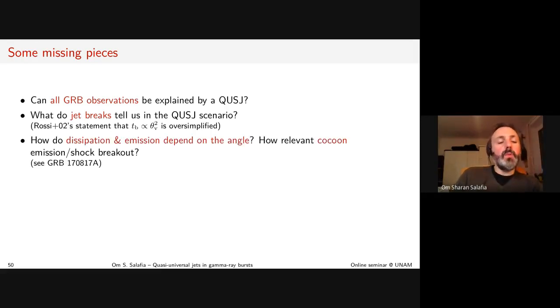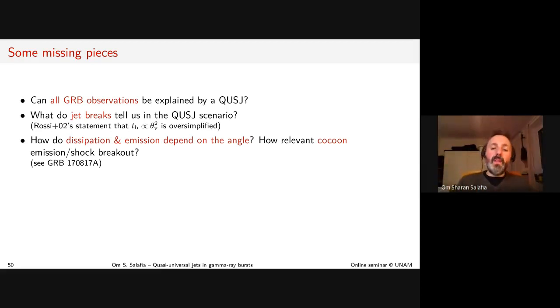Also, we need to work out in a physical way how the dissipation and emission mechanism depend on the angle. So do we have a dependency of the efficiency of prompt emission with the angle? Do we have differing dominating emission mechanisms at differing angles?